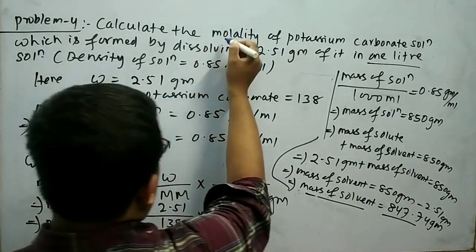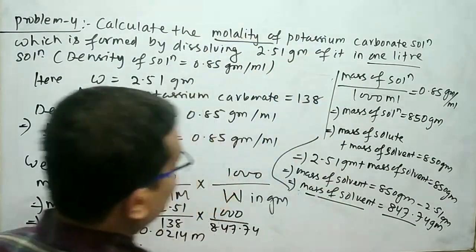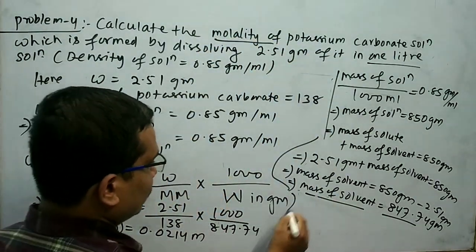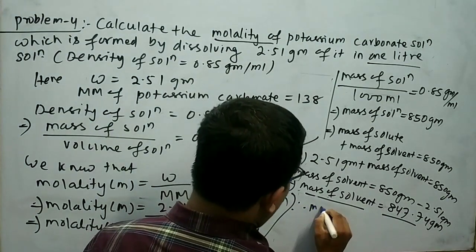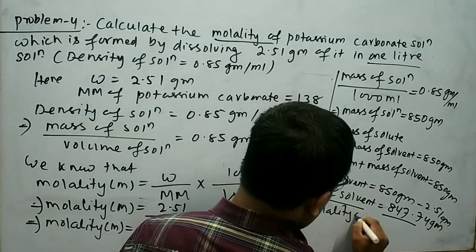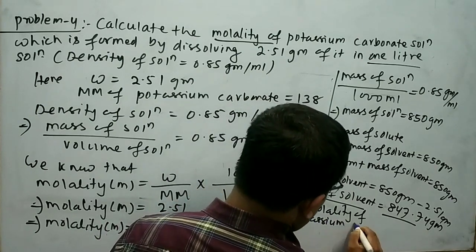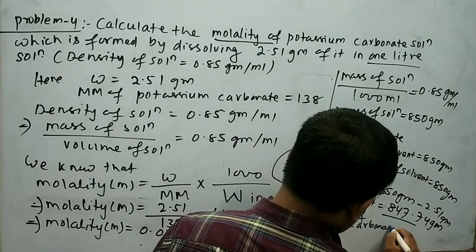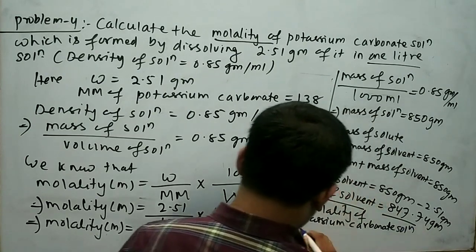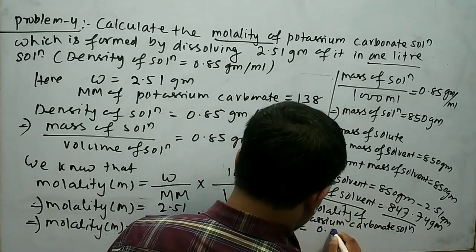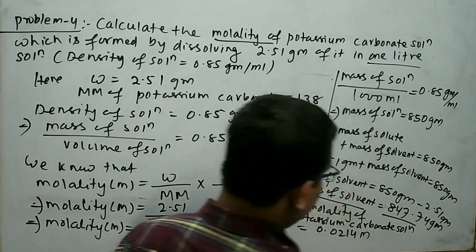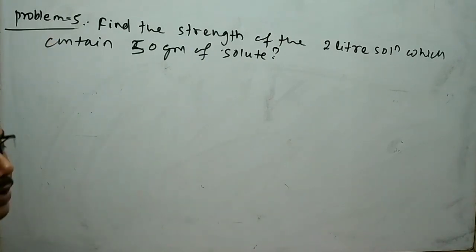Our aim is to find out the molarity of potassium carbonate solution. So I can write molarity of potassium carbonate solution equals 0.0214 m. Next I will solve problem number 5.